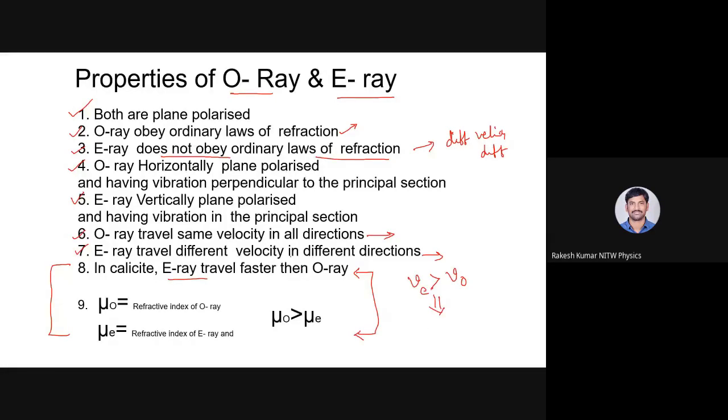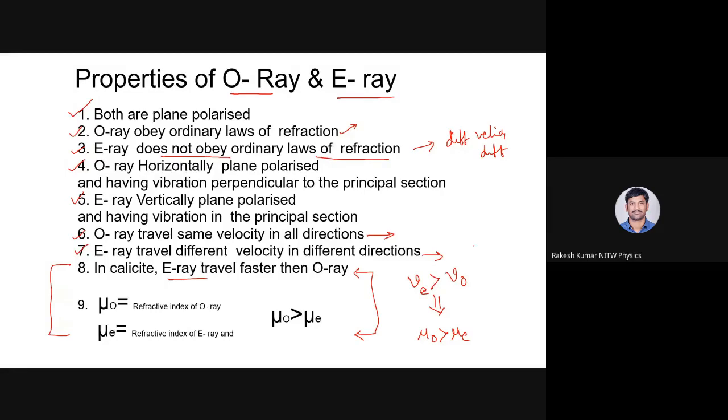Yes. When the velocity of extraordinary is greater, it has a lesser refractive index. The ordinary has less velocity, so it has a more refractive index. That means mu_o is greater than mu_e. Your ordinary ray experiences higher refractive index when it passes through the calcite crystal, and your extraordinary ray experiences less refractive index.